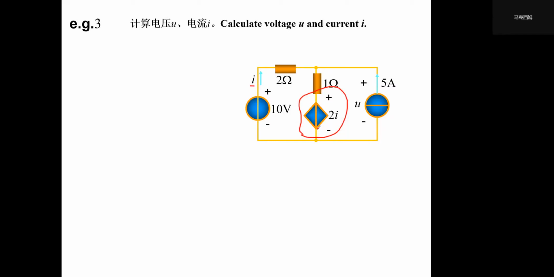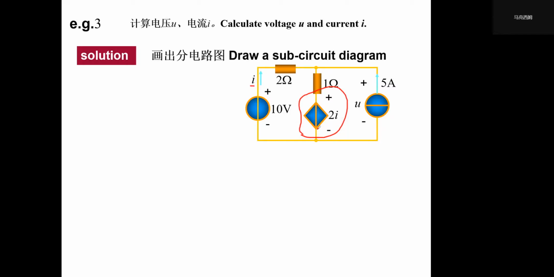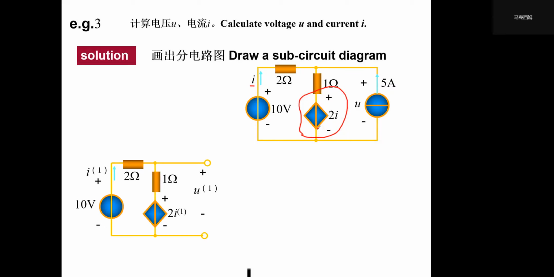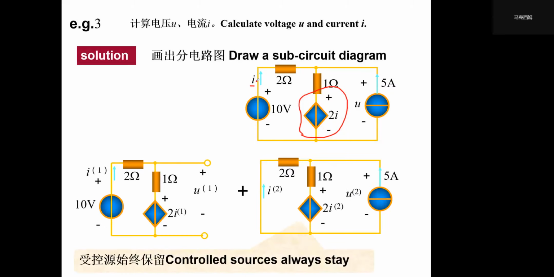So we can draw a sub-circuit diagram, one with the current source off, and the other with the voltage source short-circuited. Then we can calculate those two easily and find U1 and U2. But we have to keep the control source in, otherwise we can't reach the same conclusion.